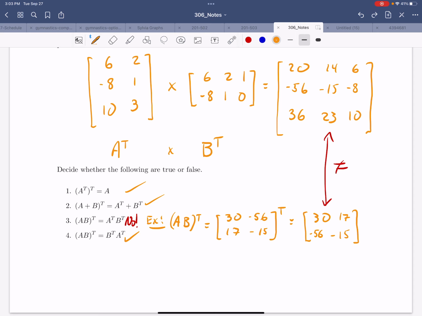I'll leave that as an exercise for you to do. So I will say this: B transpose A transpose, I'll write this out super quick, and that'll be the end. That's going to equal this one times 6, negative 8, 10, 2, 1, 3, equals that.